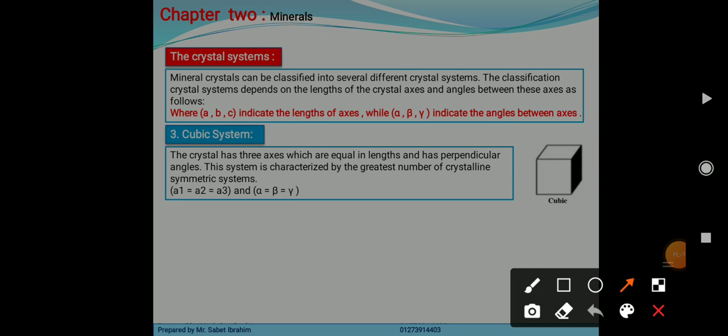If you look here, you will find these 3 axes, A1, A2, A3, are equal.